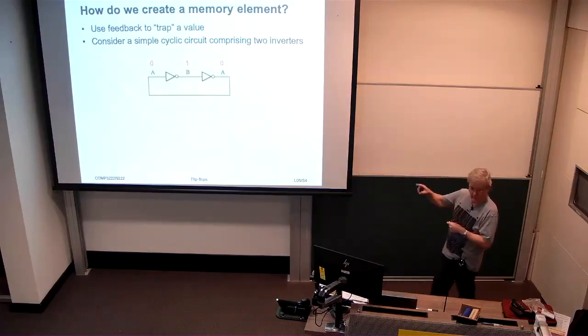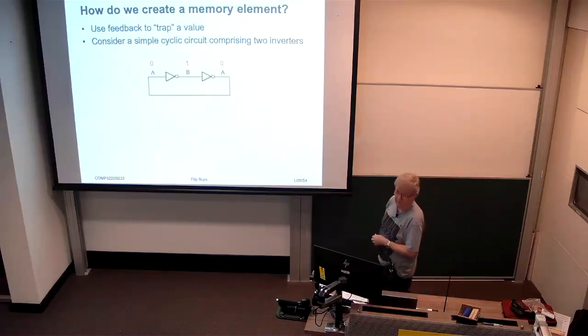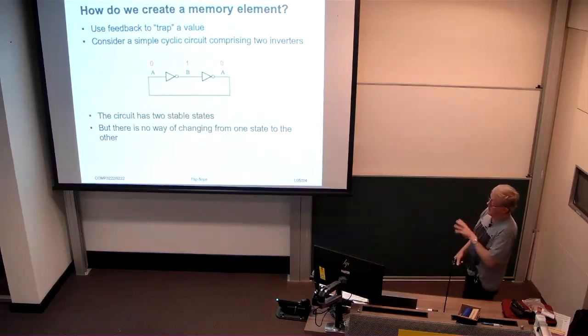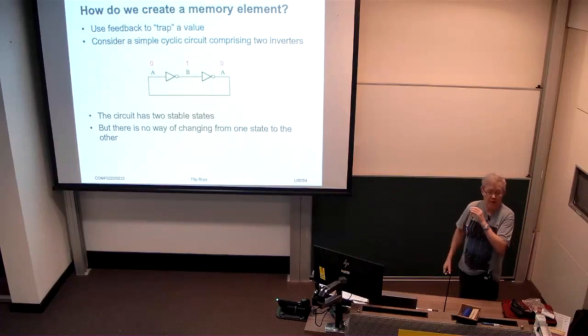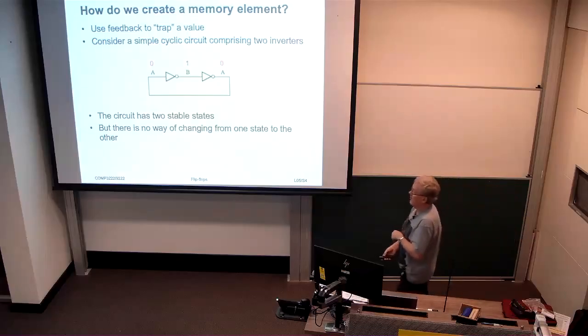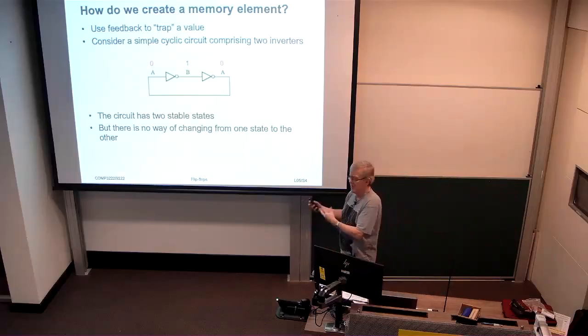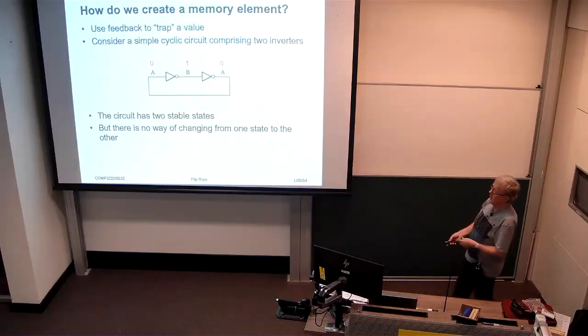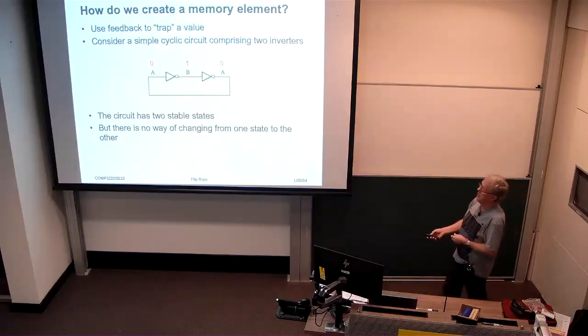And of course the complement of that situation where A is 0 and therefore B is 1. Well, this is all very nice, but how do we change from one state to the other? This is obviously stable in either of those states, but there doesn't seem to be a ready way of changing the state, of setting and resetting the memory, as it were.